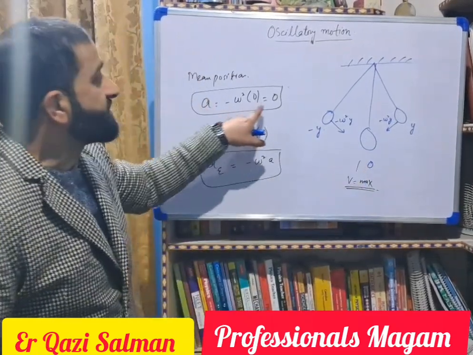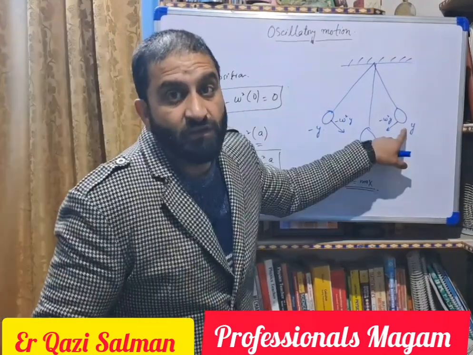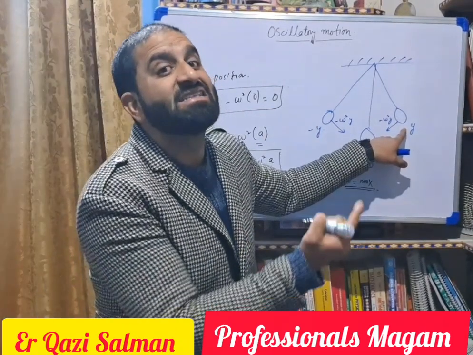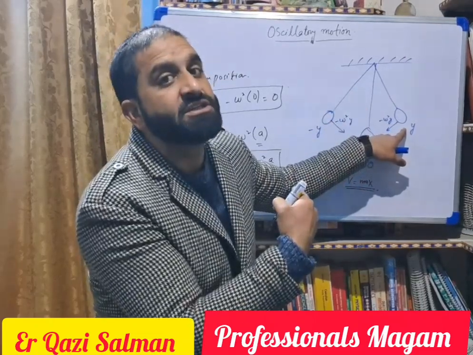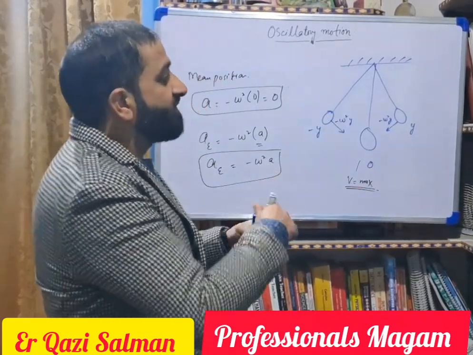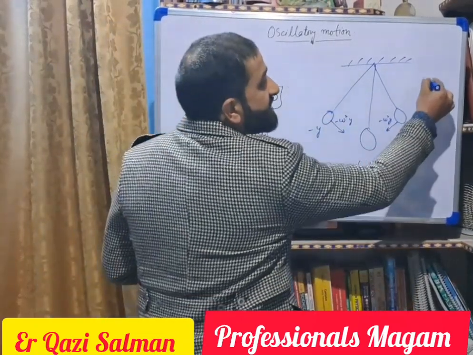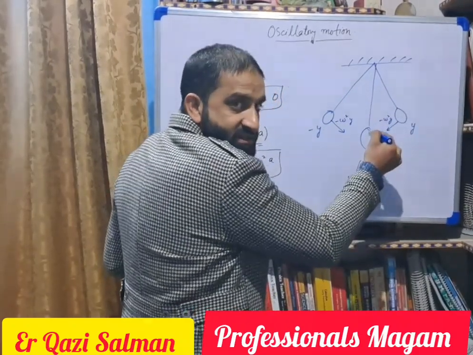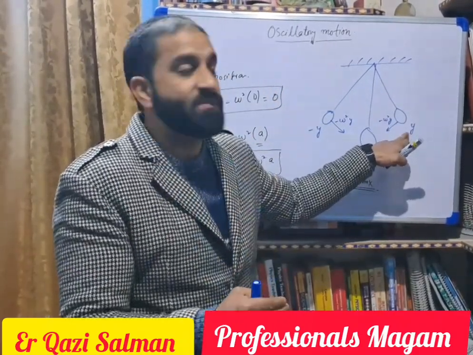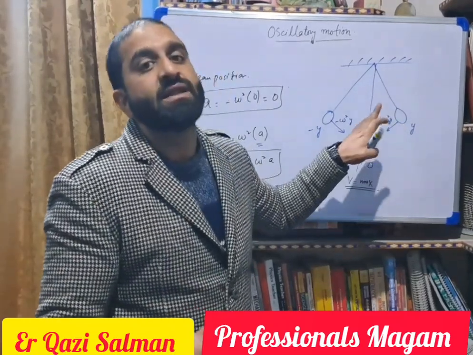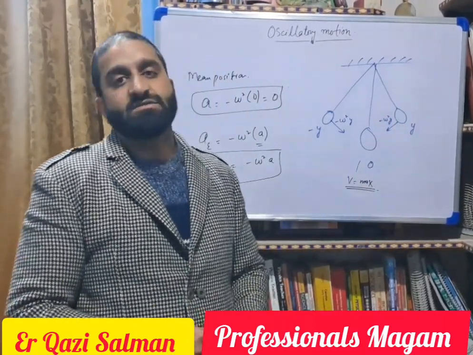That means the acceleration is equal to 0. Here, at the extreme position, the velocity is equal to 0, but there is maximum change in velocity, because the velocity is in this direction and the acceleration is in this direction. As there is change in velocity at the extreme position, the acceleration is maximum.